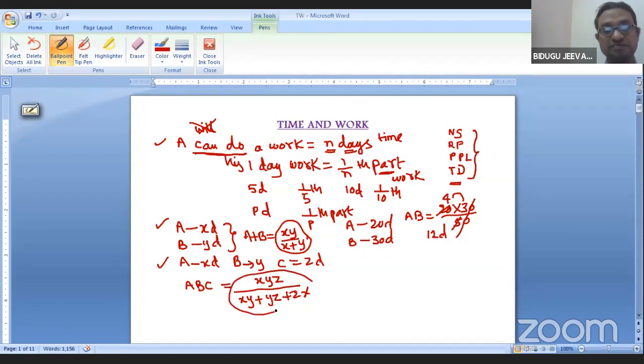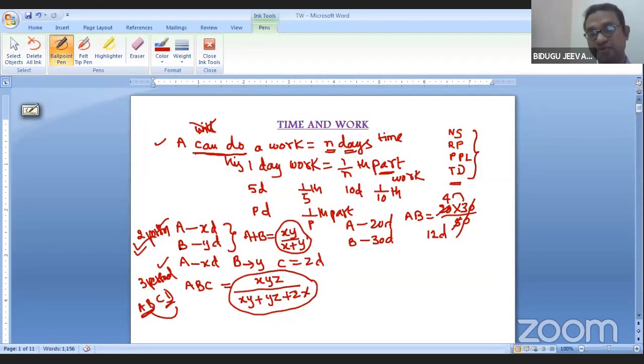Now use this rule. So this is for 3 people working together, and this is for only 2 people. In case they ask about 4 persons, A, B, C, D, first you can do 2 persons using this rule, 2 persons using this rule, and again combine using the same rule. I think you understood, right?